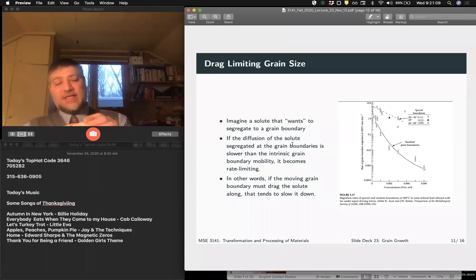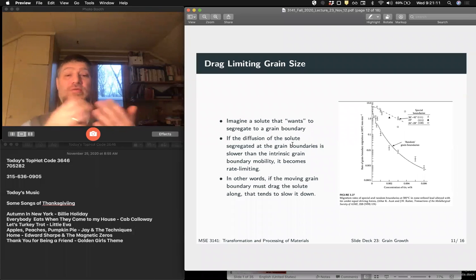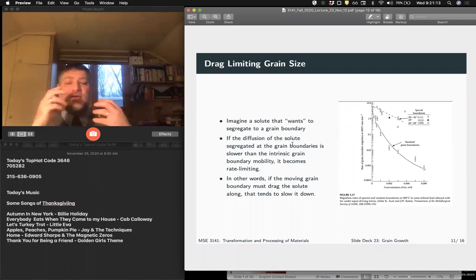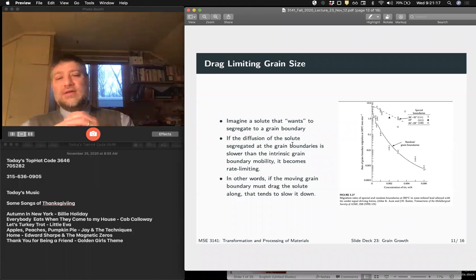It will segregate to grain boundaries because there's more free volume there. It's easier for atoms to fit in if there's a large size mismatch, or if the solute has a slightly different valence state than the matrix.